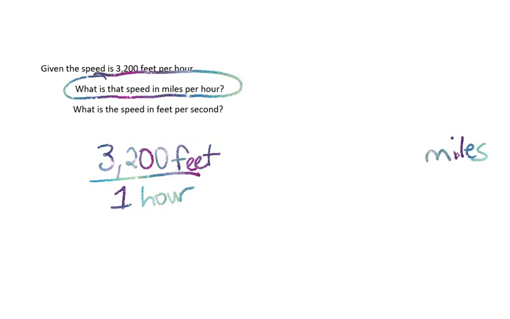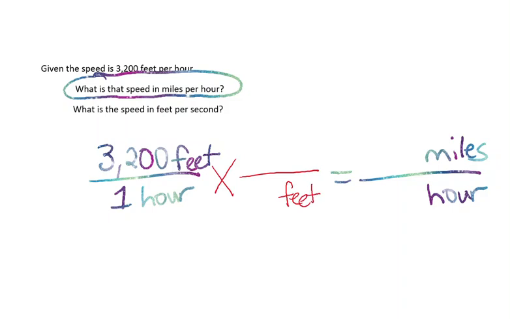So over here, I want miles per hour. So notice what's changing. Hours stays the same, but we need to convert from feet to miles. If feet is on the top, feet has to be on the bottom. If I want miles left in my answer on the top, miles has to be on the top.